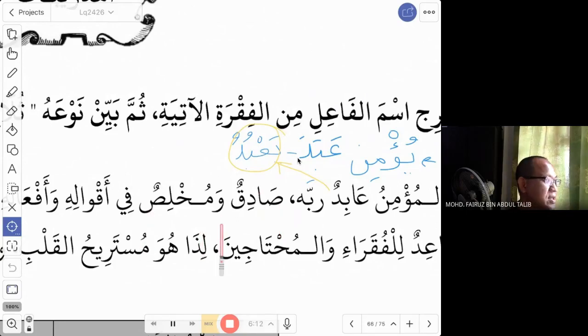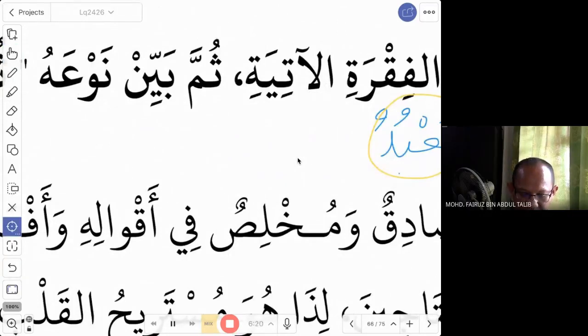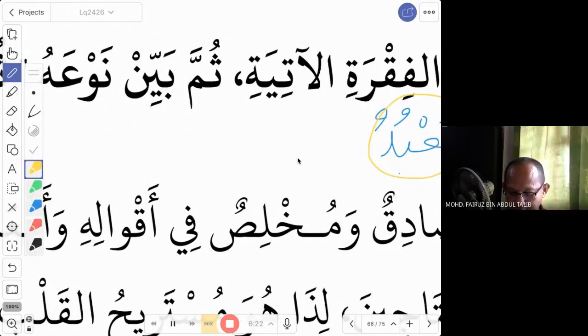What is mukhlis? This is another isim fa'il. Sincere, good. Yes, this is sincere, mukhlis. What is the fi'il? You want to say sincere in a fi'il form. So change this to a mudhari, and this is the reverse. Find the mudhari. Change the mim to a ya.